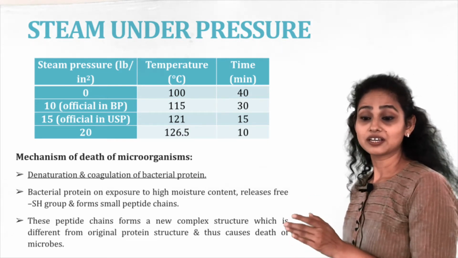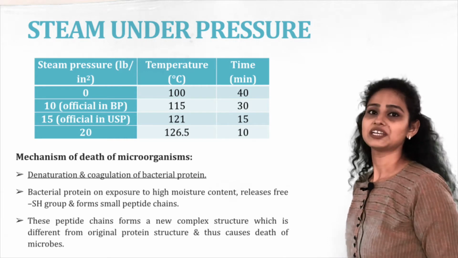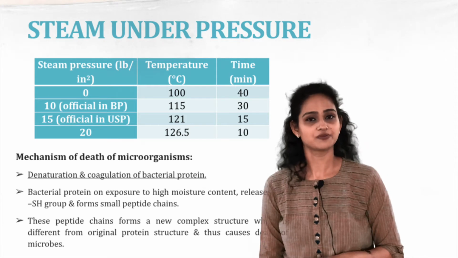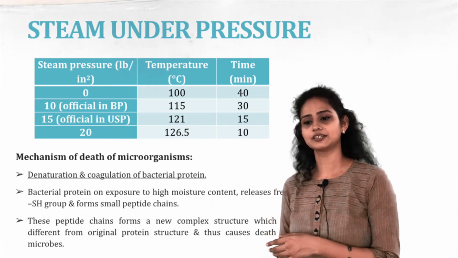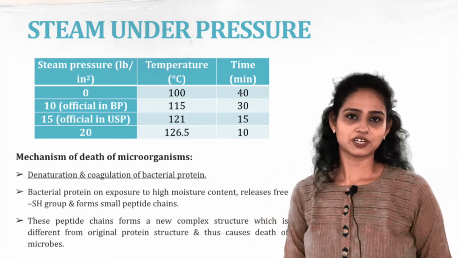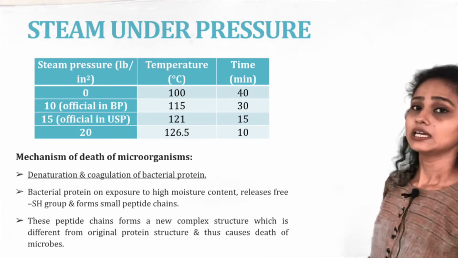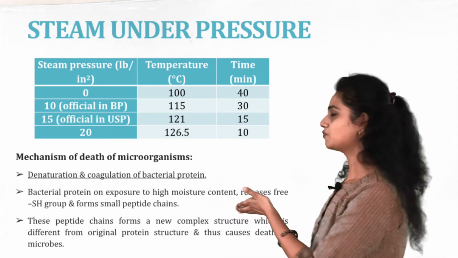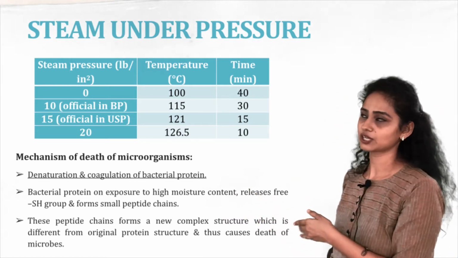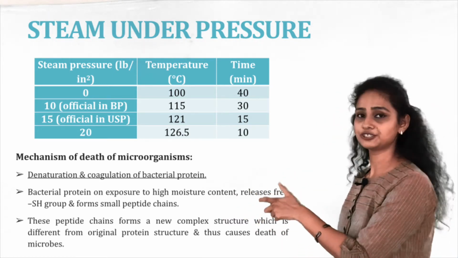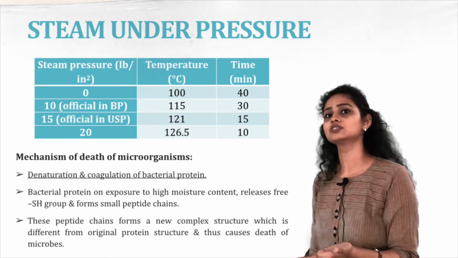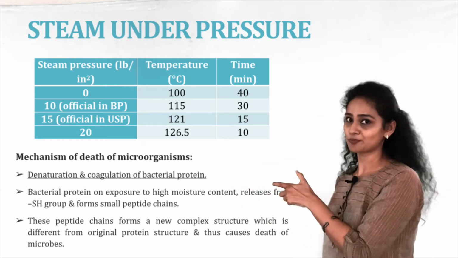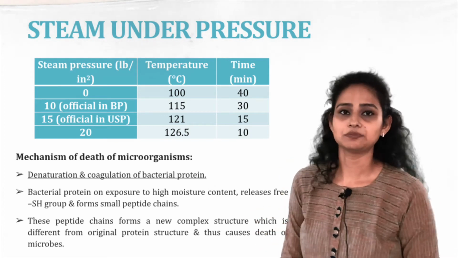Now, if I increase the pressure to 20 psi, then the temperature which I can achieve is 126.5 degrees Celsius and sterilization time is still reducing, that is 10 minutes. But in USP, the official is 15 psi at 121 degrees Celsius for 15 minutes, and we usually use this temperature, pressure and time combination for sterilization by steam under pressure.